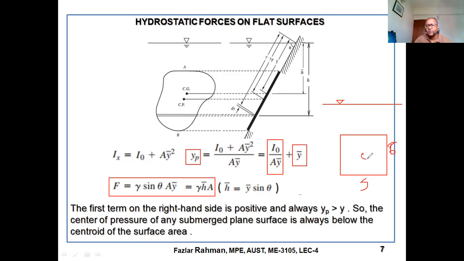Obviously, this will be at the middle, right? And this distance will be 3. From here to here will be 3. If you know the vertical distance, you can get the y bar. But the y bar will be this distance plus this distance. Area of the plate, 5 into 6. Then I naught, area along x-axis will be 1 by 12 b, B will be 5, h will be 6, h cube. Okay, easily you can figure out.